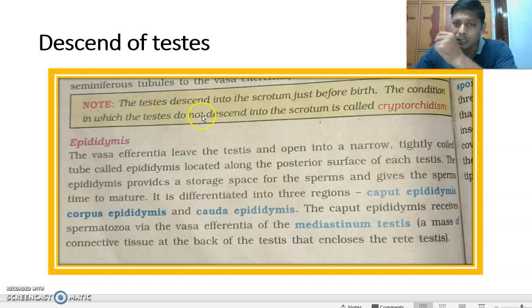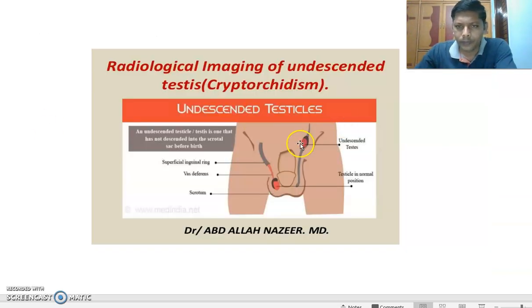The testes descend into the scrotum just before birth. The condition in which the testes do not descend into the scrotum is called cryptorchidism. You can see here, before birth, the testes were here. Just before birth, they descend into the scrotum.